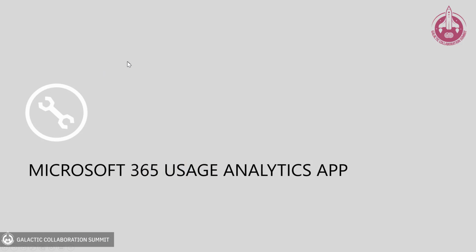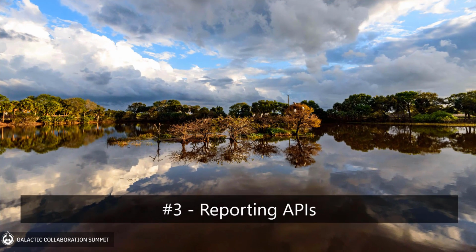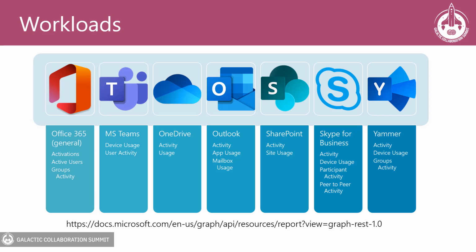All right, and so I'm going to talk a little bit now about the reporting APIs. Reporting APIs are very similar to the last two sections that you've seen. Basically, it's pre-aggregated data that you can go and get for yourself. But in the first case, it was preset reports, and the other was kind of a canned application that's a series of reports as well, a little more granular.